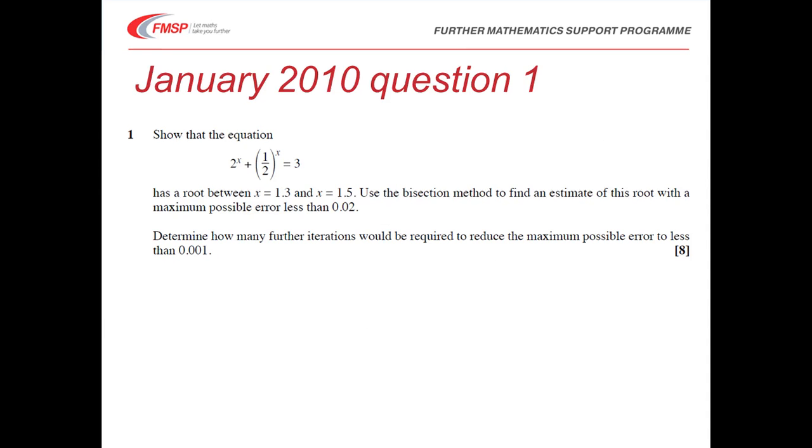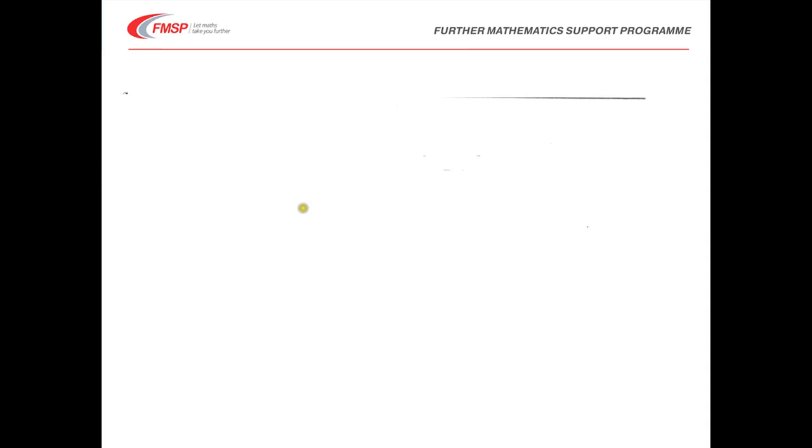Okay, let's go back to the question. We've shown that it's got a root between 1.3 and 1.5. We now have to use a bisection method to find an estimate with a maximum possible error of less than 0.2. So we have a particular way of setting this up. We start off with a table. Now that table looks very complicated, but actually it's a pretty straightforward table.